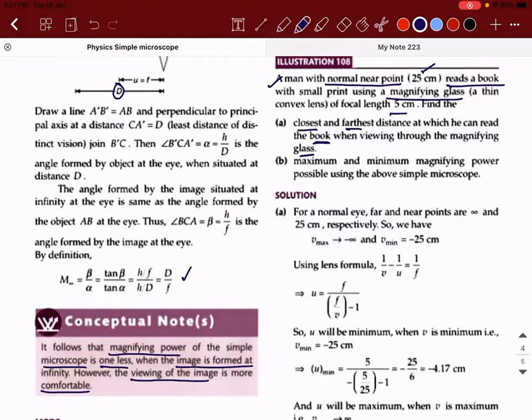Find the closest and the farthest distance at which he can read the book when viewing through the magnifying glass. When he is reading through the magnifying glass, the image is formed on the other side. His eye will be on this side, the magnifying glass is here, and the final image is formed here. So what is the closest distance at which he can see the image?